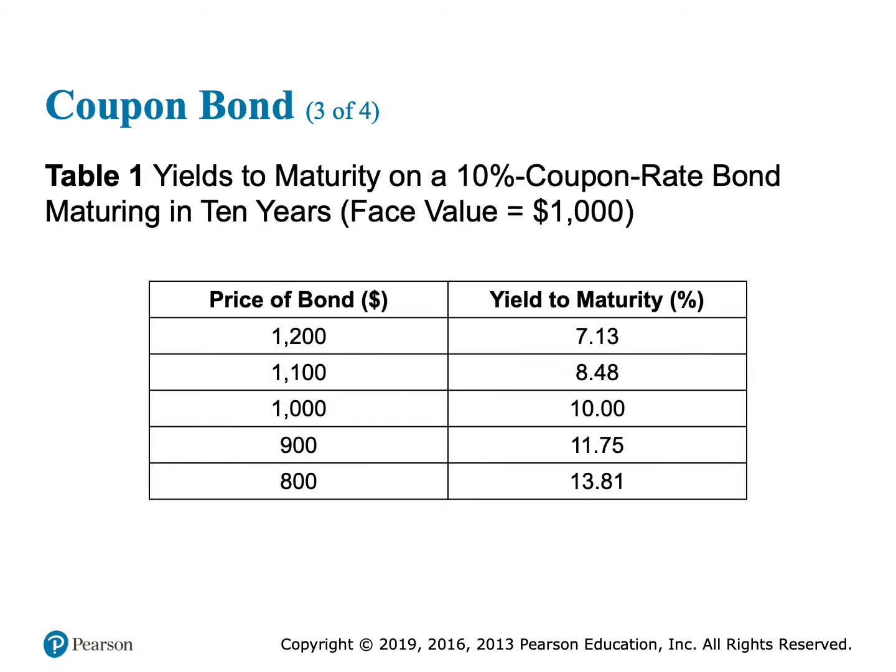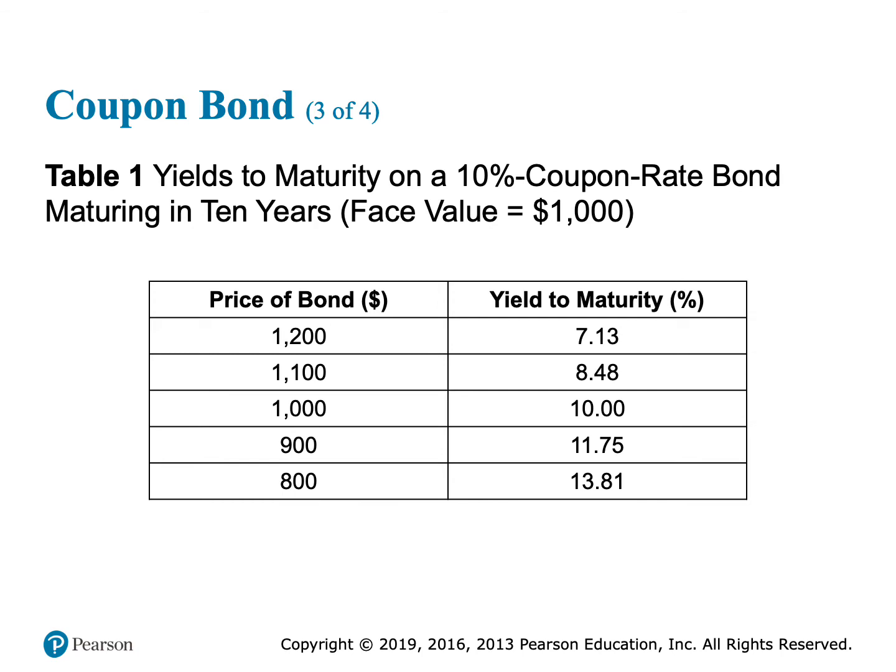Here we're again looking at our coupon bond, the yield to maturity on a 10% coupon rate bond. So here, if you had a face value of $1,000, 10% of that would be $100, and the coupon that you'd be paid in each year would be equal to $100.